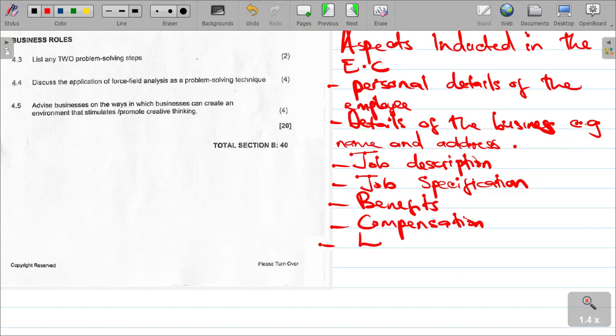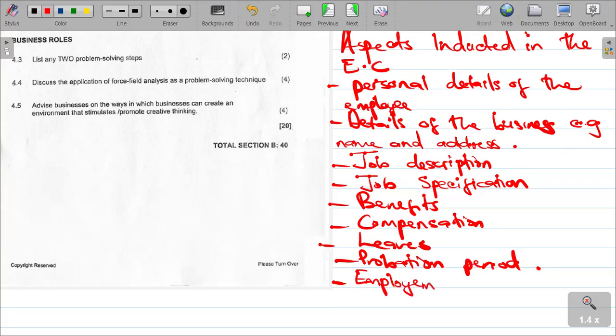Leave days. Also the probation period is listed on the contract of employment, as well as the employee deductions. We're talking about UIF and pension fund and other deductions.